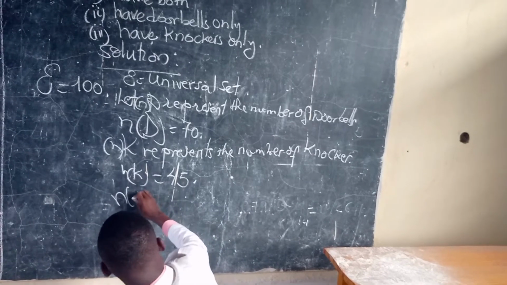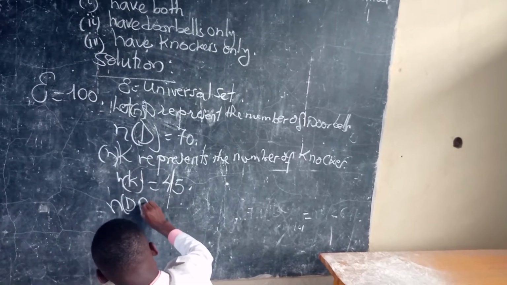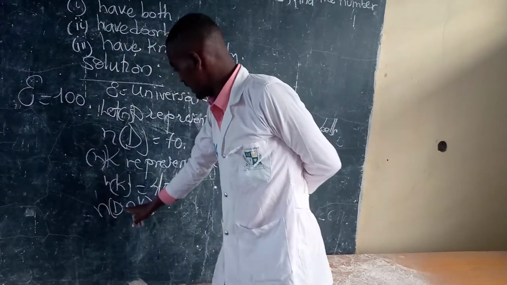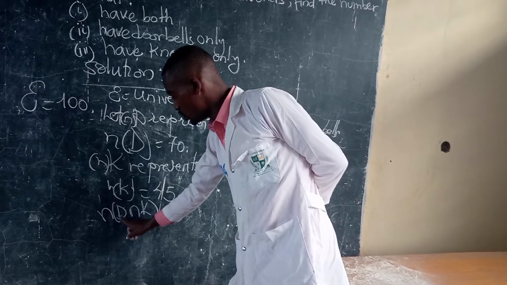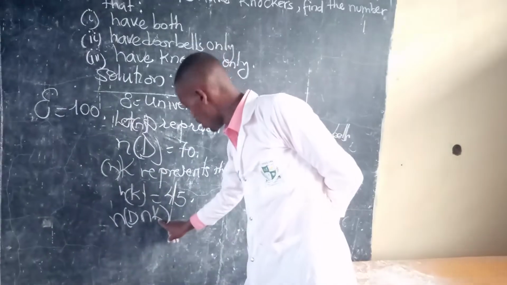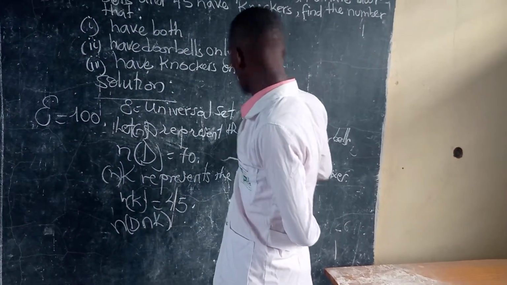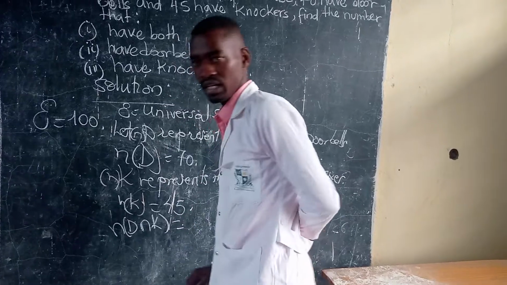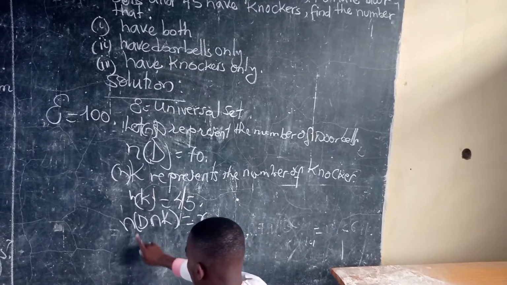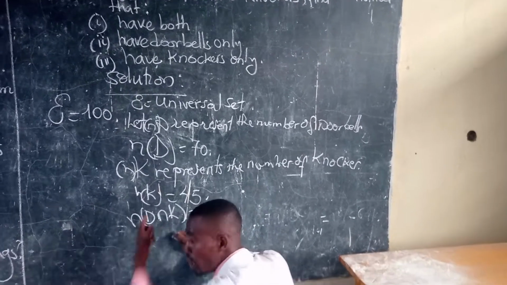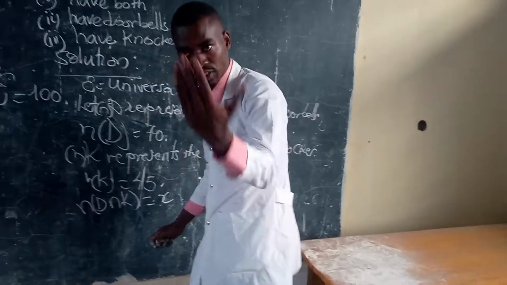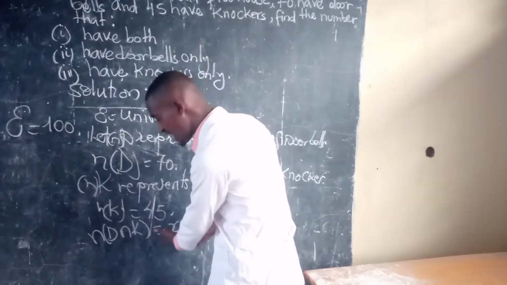When I write the number of D intersection the number of K, that is to mean the number of doorbells intersection the number of knockers, I don't have that number. I can represent it as x or y. Let's say x, because this is a number, both doorbells and knockers, I don't have. I need to represent it as x.